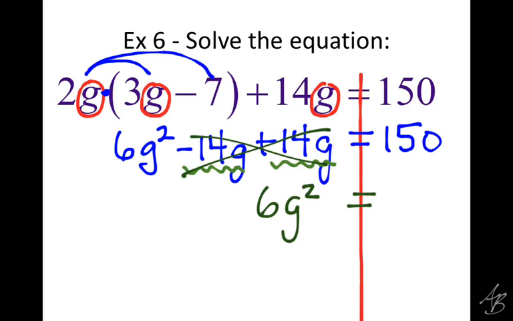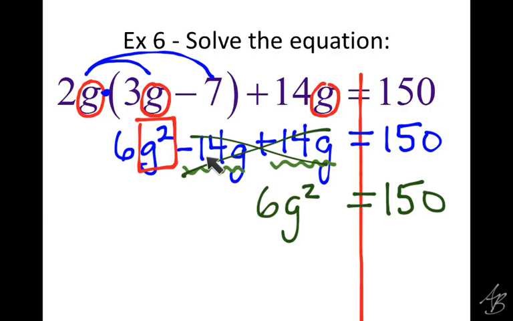And on the right side, we're going to have 150. Okay, we're getting closer to having the g by itself. We still need to get rid of the 6, and we still need to get rid of the square. We never really did box our square, did we? So if you look over here, when we get to this point, we want to get that square by itself before we can get rid of the square.